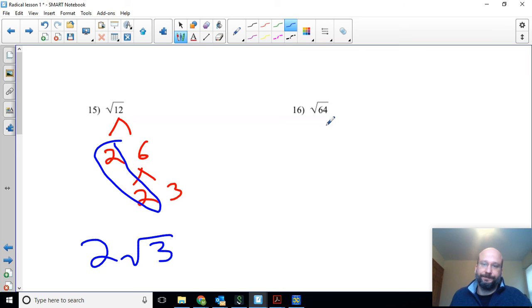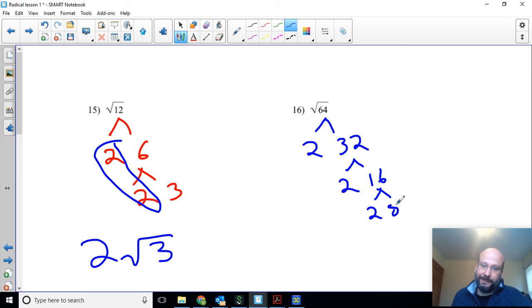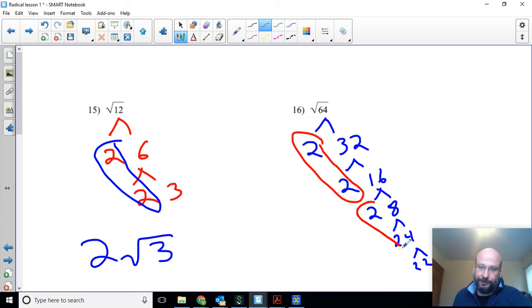So for this one, again, I'm going to start with 2. 2 and 32. 2 and 16. 2 and 8. 2 and 4. And 2 and 2. I'm going to circle my groups of 2. So there's one group of 2, there's another group of 2, and there's another group of 2 with nothing left over.